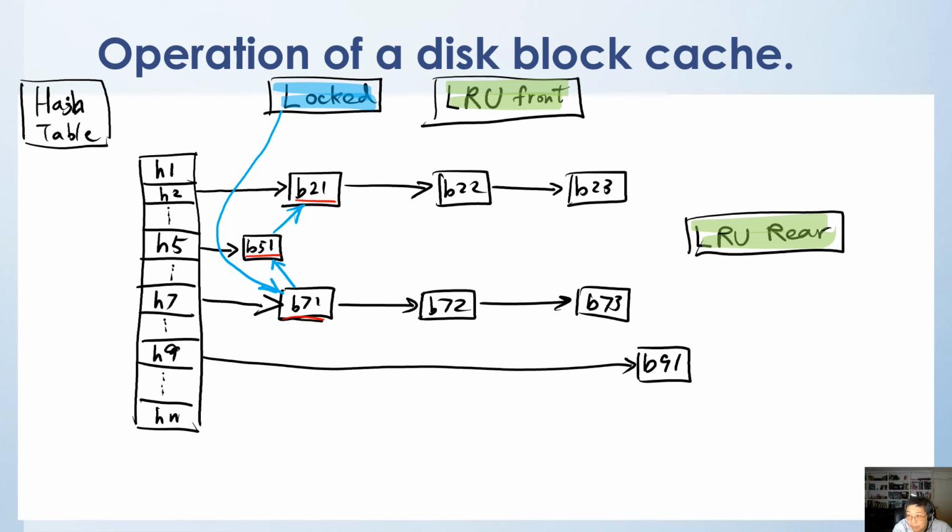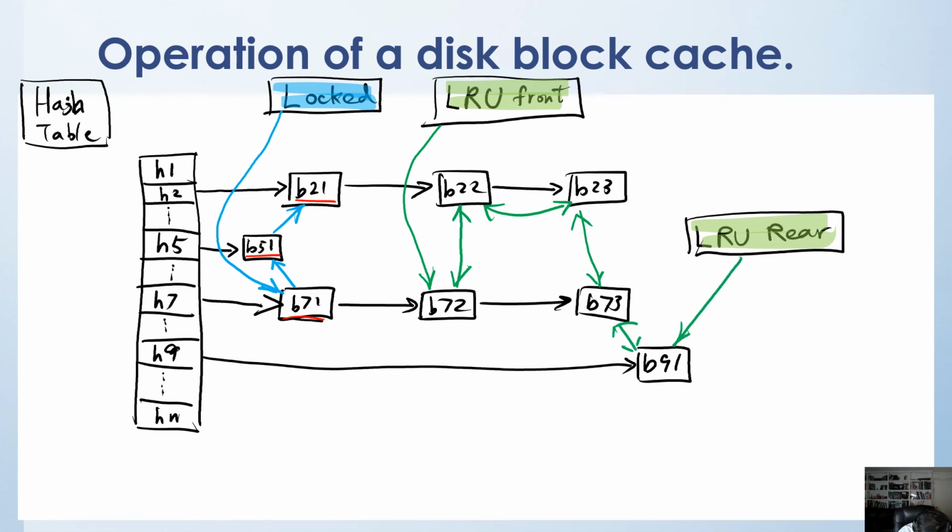The block at the front of the LRU list is the least recently accessed block. For example, let's say B72 is at the front, linked to the LRU front. And then B72 is doubly linked with B22.